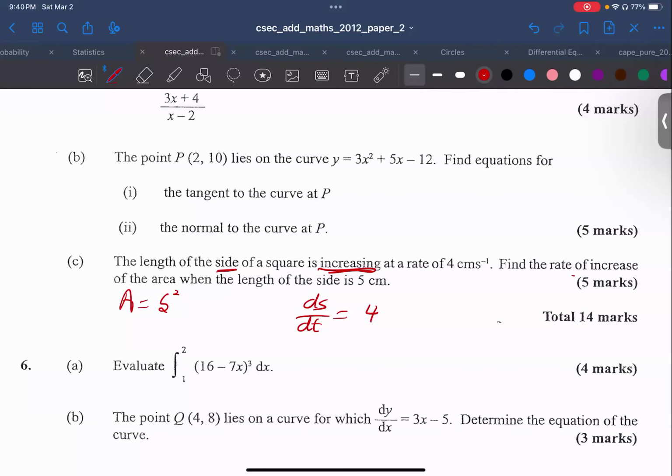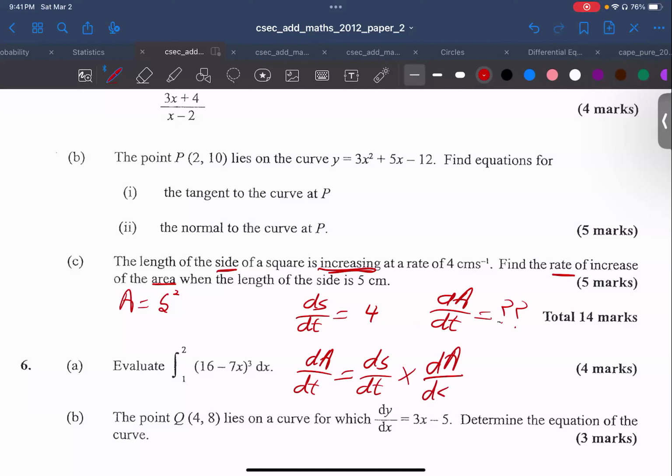And they want the rate of increase of the area. So they want dA/dt. So the way you do that, dA/dt, you have to use what they give you, which is ds/dt, multiply that by something. I need dA on top, and I need to get rid of ds.